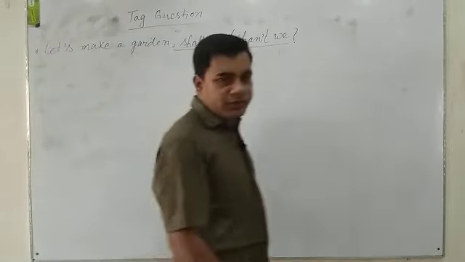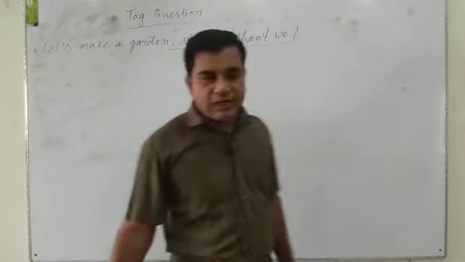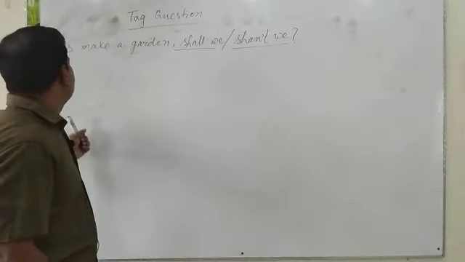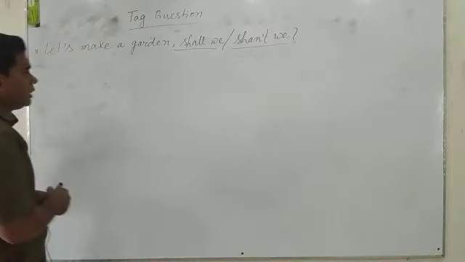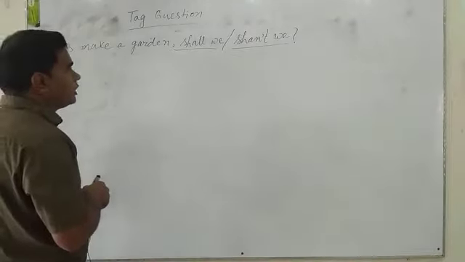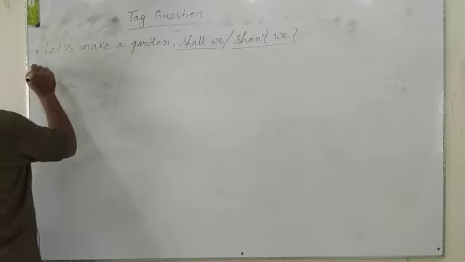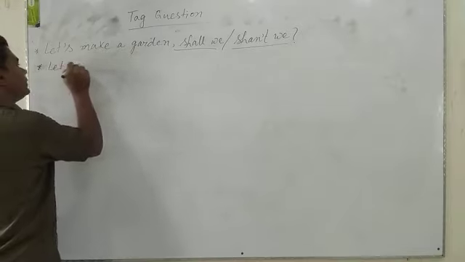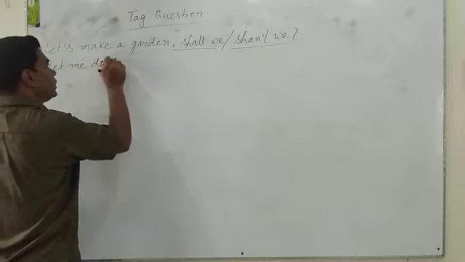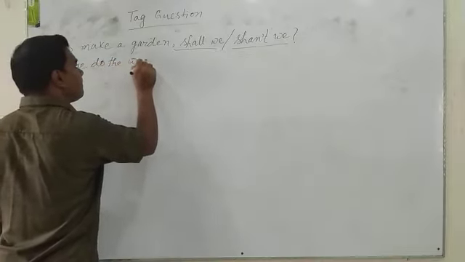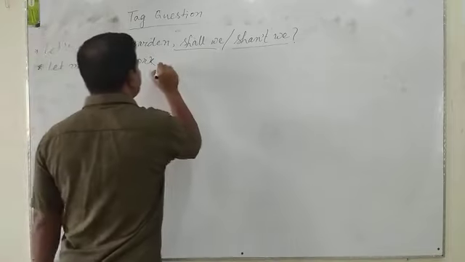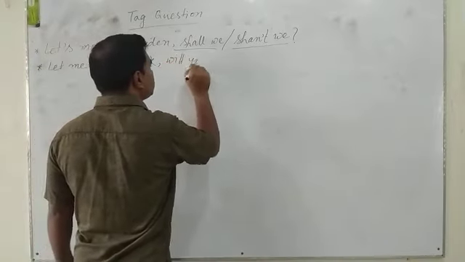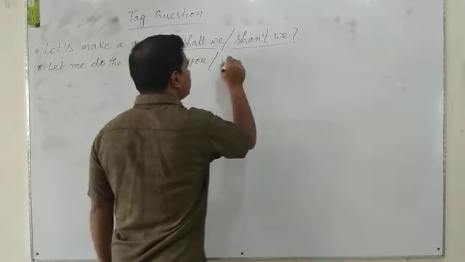And if the imperative sentence starts with let me, him, them, her, the tag question will be will you, won't you or can't you. Notice, let me do the work. Will you? Won't you?